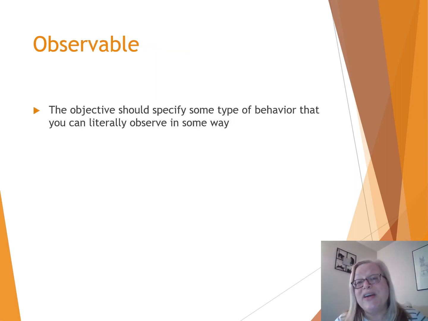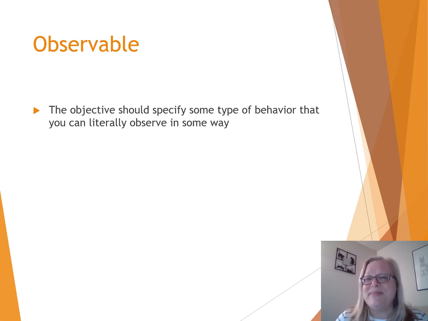The first criterion of a good objective is that it is observable. So you can observe the behavior of the participant to tell whether or not they can do the thing that you're asking them to do. In the restaurant example, maybe your objective would be that waiters know how to set a table properly according to restaurant instructions.